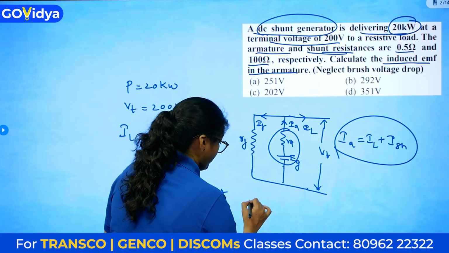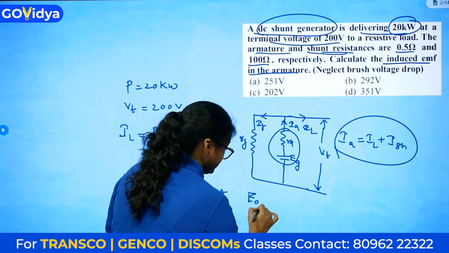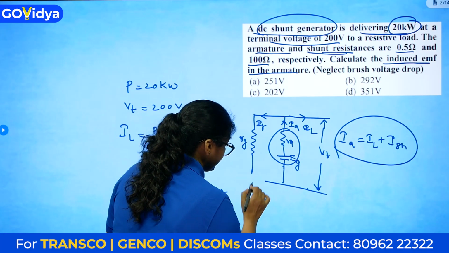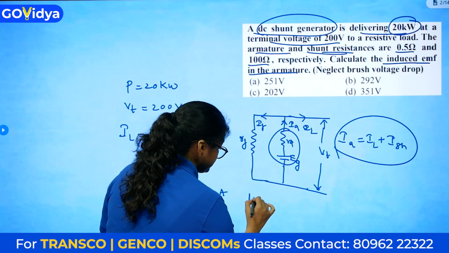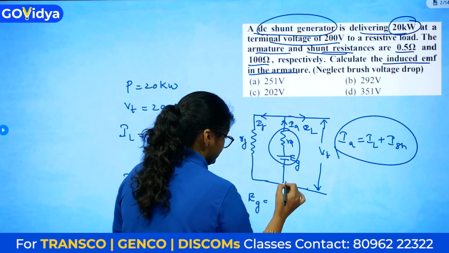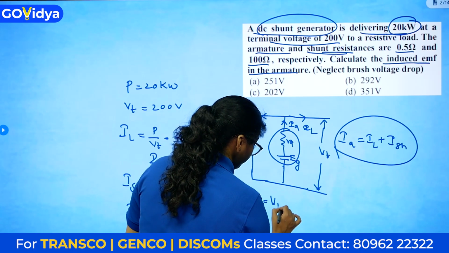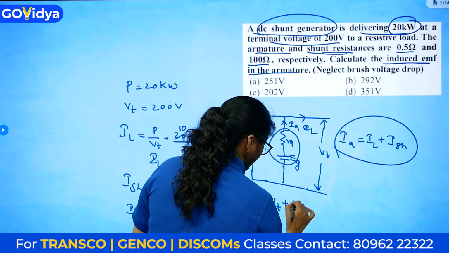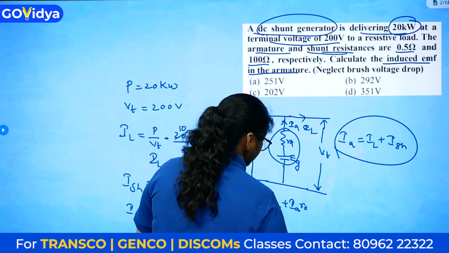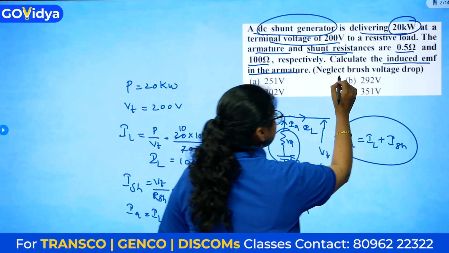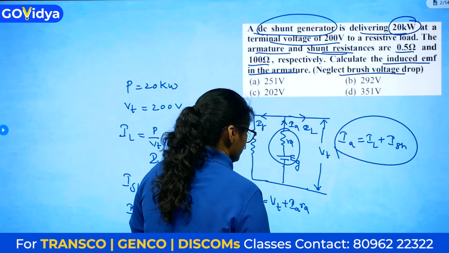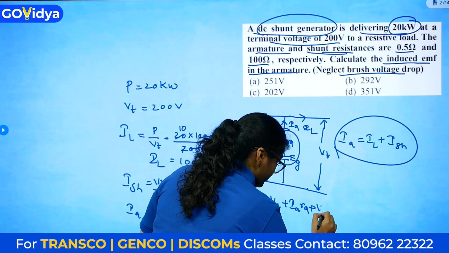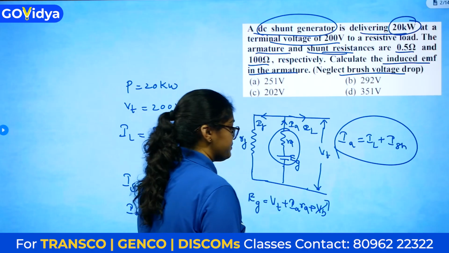Now the formula for the induced EMF, the generated EMF in the DC shunt generator, is EG is equal to VT plus IA RA. In this question they have said to neglect the brush voltage, so actually plus VB, but we have to neglect it.